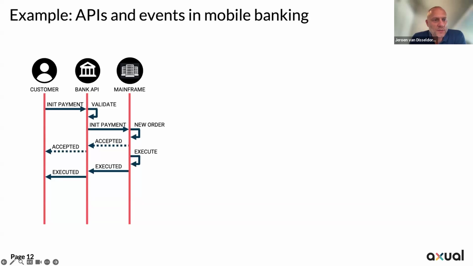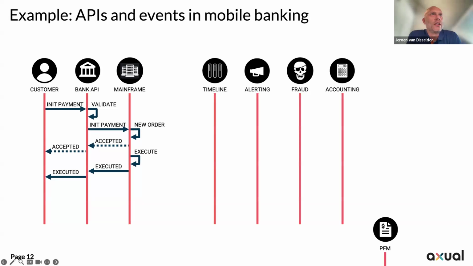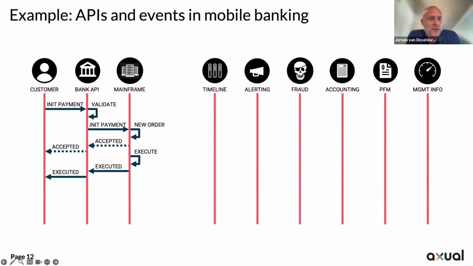Okay, so the transaction is finished, but after such a transaction, banks need to take care of a lot of things, because when transactions happen, different things need to happen in the background. For instance, a timeline needs to be updated, from which the mobile banking app gets its transactions that it displays in the timeline.